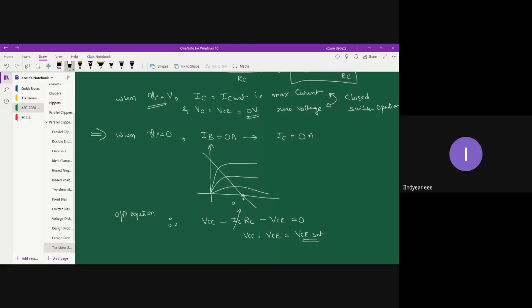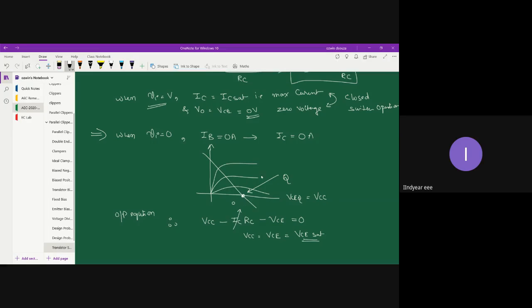So basically your Q point comes to the x-axis when you reduce your input voltage to 0. The value of this Q point is going to be VCEQ, and the value is VCC.